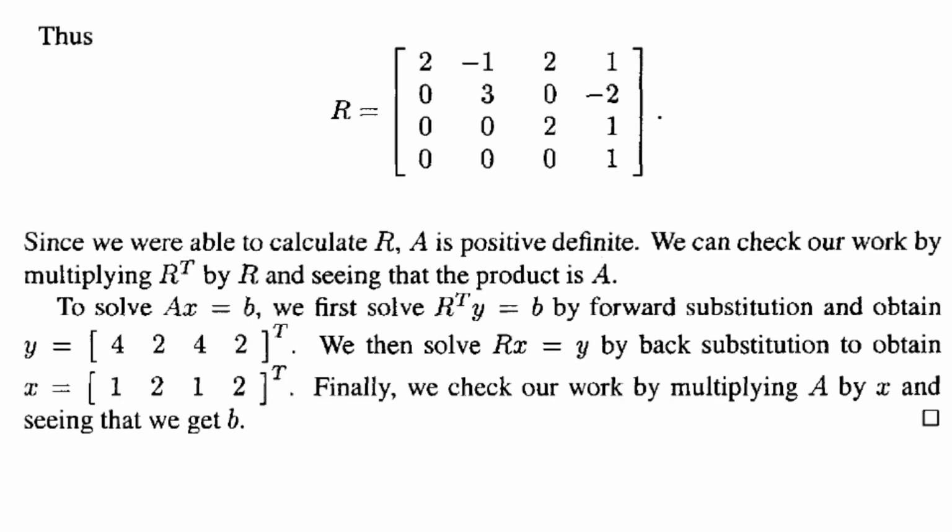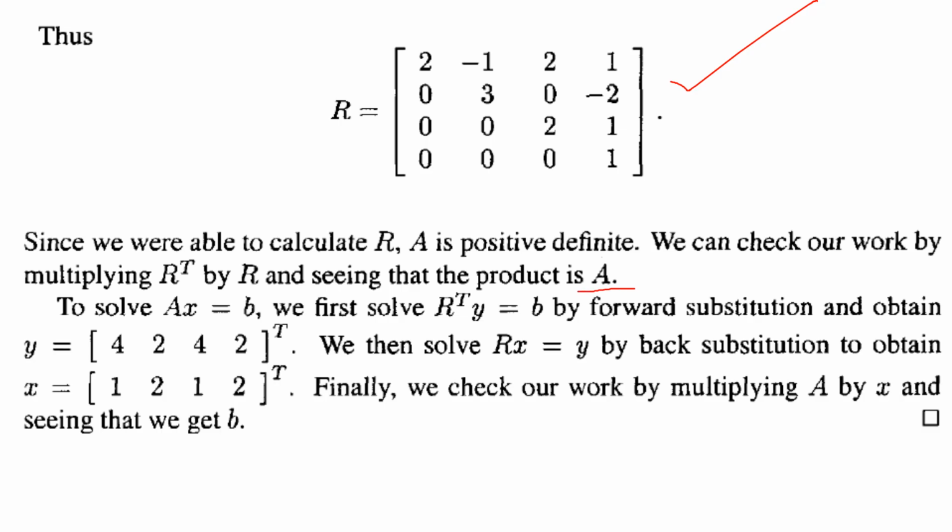Thus R, which is the Cholesky factor of the given matrix, is calculated here. Since we were able to calculate R, A is positive definite. We can check our work by multiplying R transpose by R and seeing that the product is A.